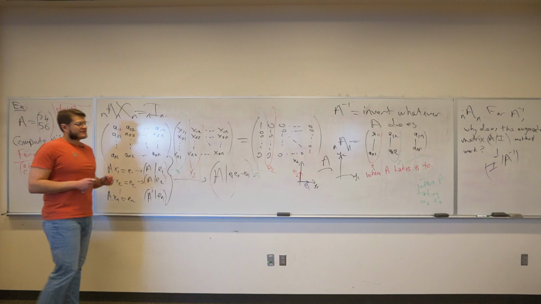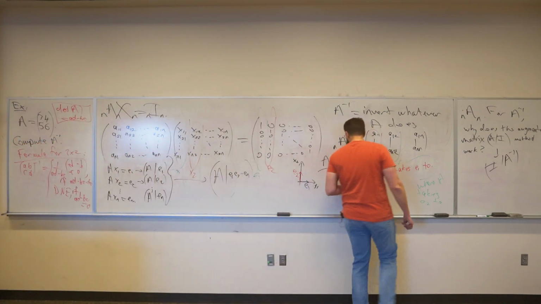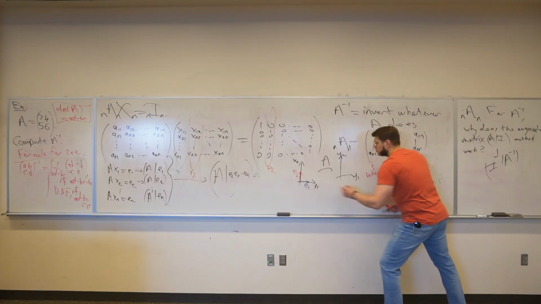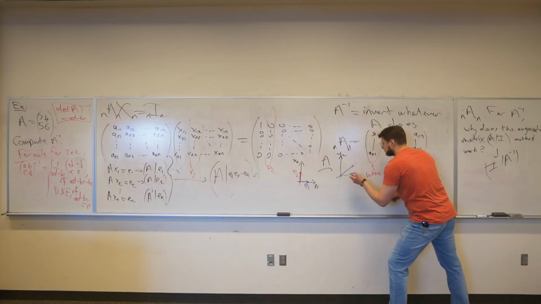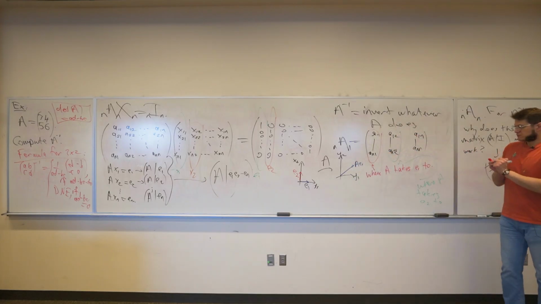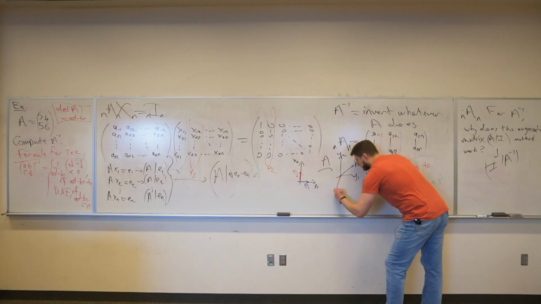The first column of A is going to be some vector in the y1, y2 space, and it's also the image of the blue vector here. Say it's something like this, AE1. And then let's say the second column maybe went there.